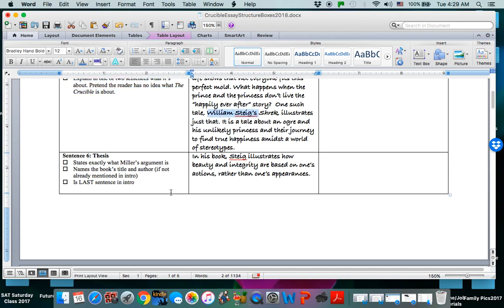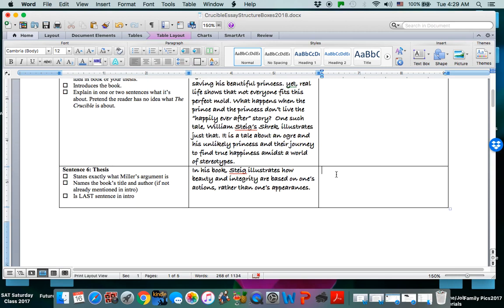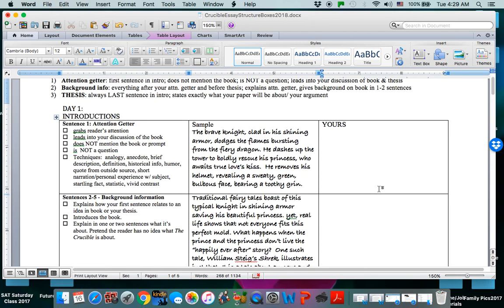So then for sentence number 6, that's your thesis. And again, it is the last sentence in my intro. It says, in his book, Steig illustrates how beauty and integrity are based on one's actions rather than one's appearances. So this is where your thesis is going to go. In this box down here is where you're going to put your thesis, if you are reconstructing your introduction.